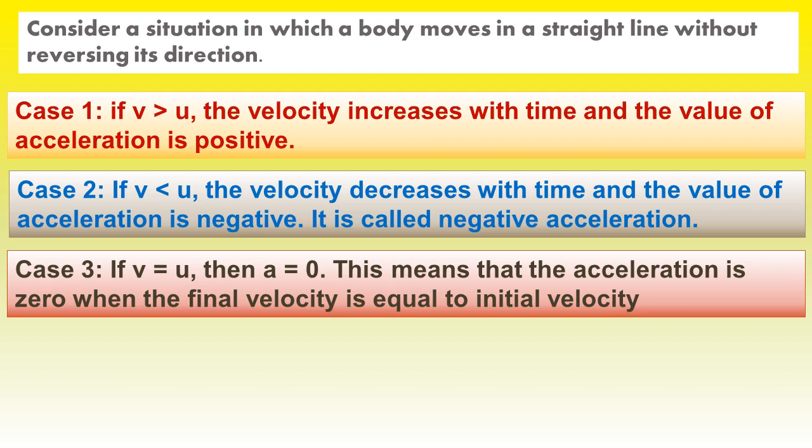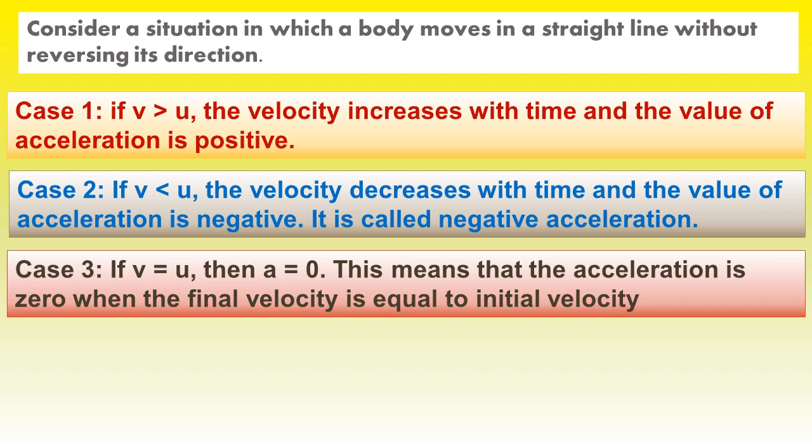Thus, in the second case, the final velocity v is less than u. That means if the final velocity is less than the initial velocity, the velocity decreases with time and the value of acceleration is negative, and it is called negative acceleration.